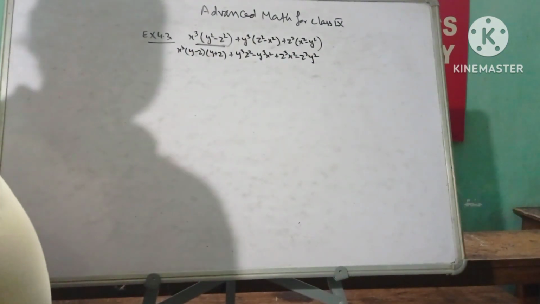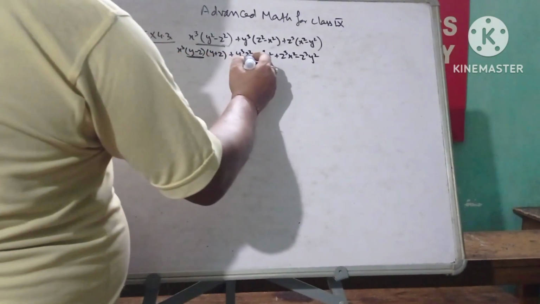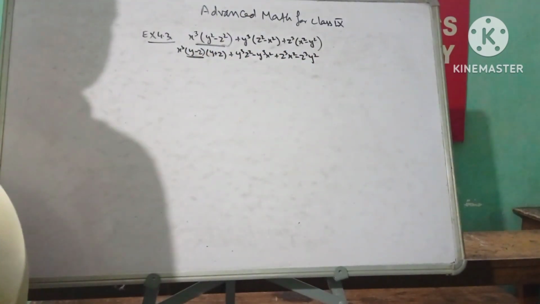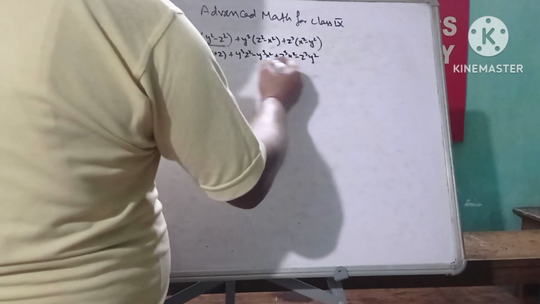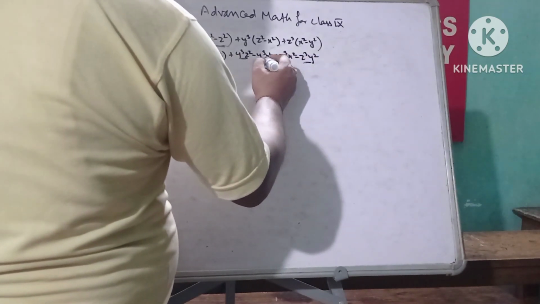So now I will try to find out this y minus z in here. So y minus z, this and this term, and here these two terms.